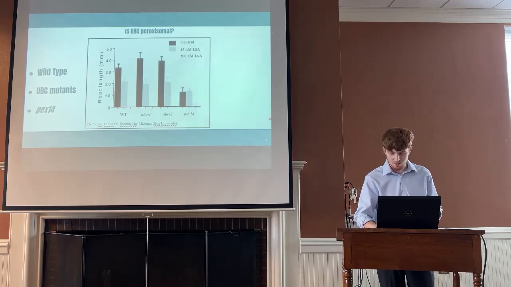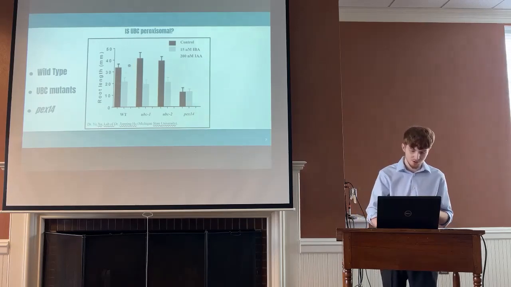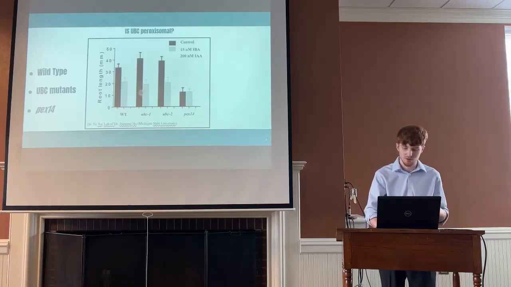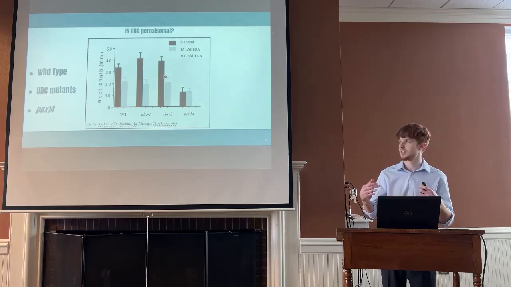And then when you look at the IBA and IAA conditions shown here, you can see that for the wild type and mutants, the IBA and IAA make the root length shorter. This is because, again, IBA is converting to IAA, which makes the root length shorter.